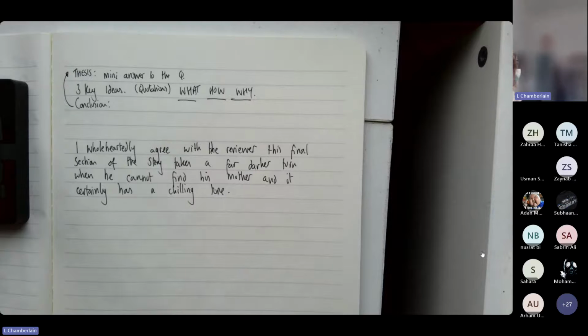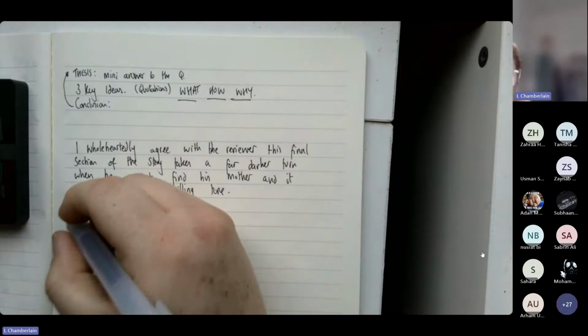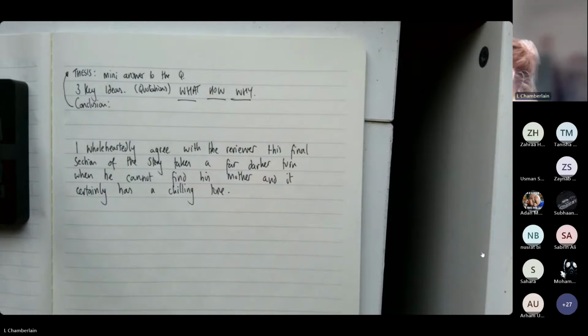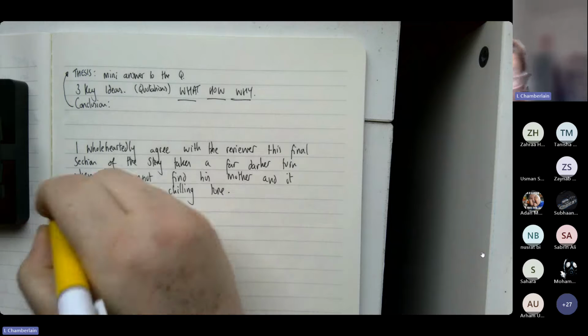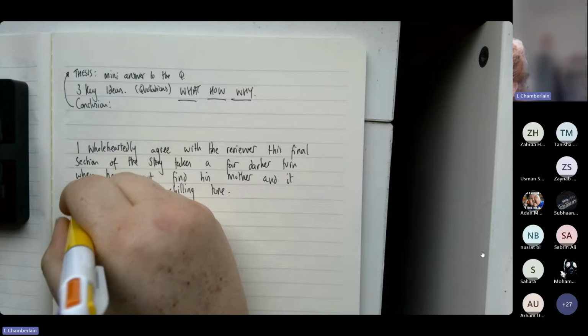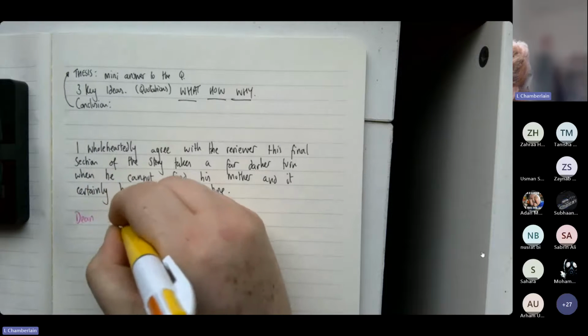So what is the writer doing to create a chilling and sinister tone or a darker tone? How does the writer do this? And then why have they made that choice? So I might start by saying, and I'll do it in the different colours again so we can see each section, I might start by saying, Dean successfully.